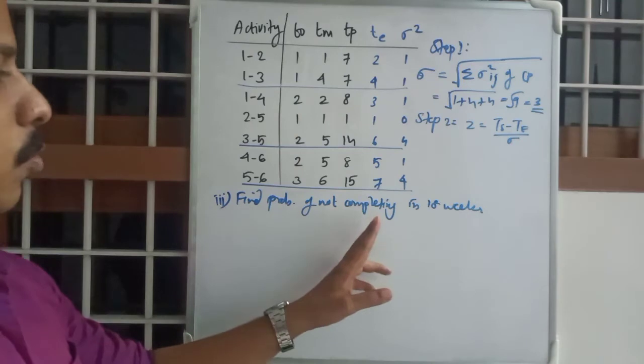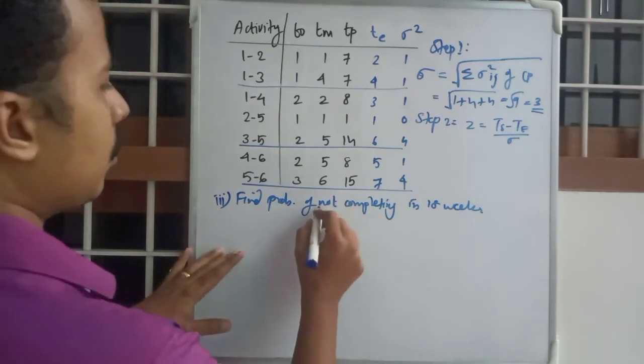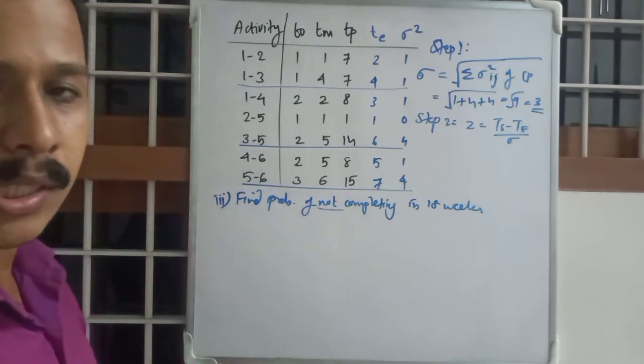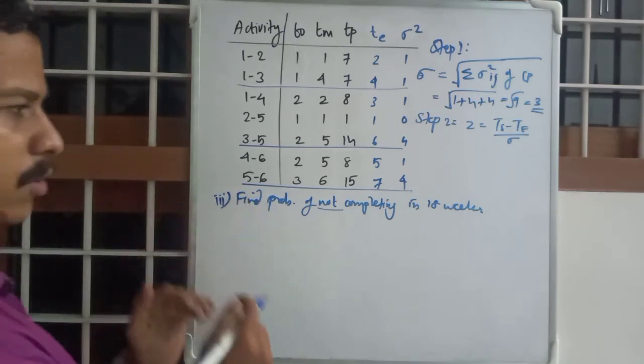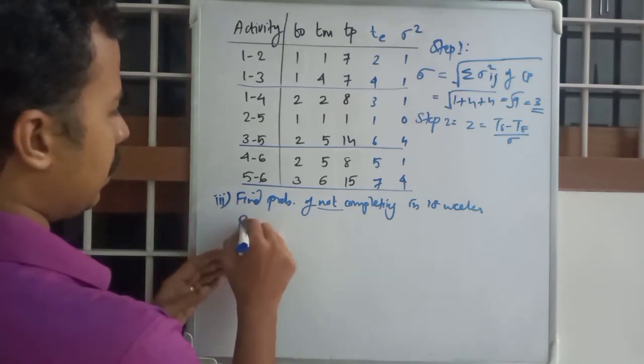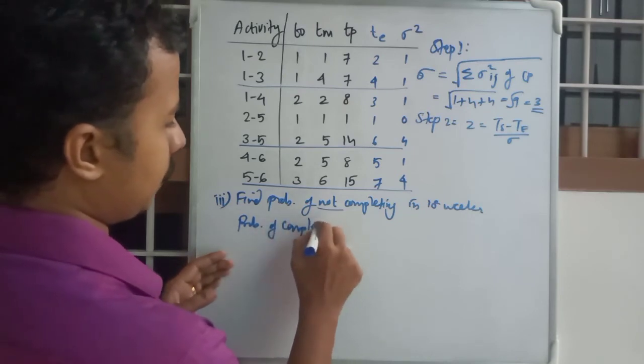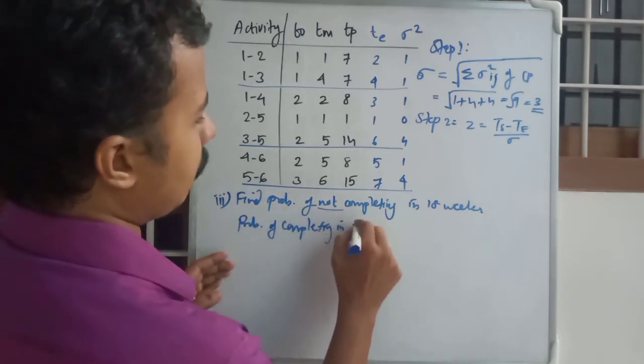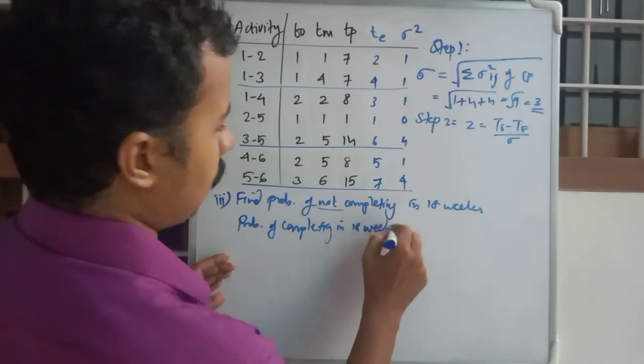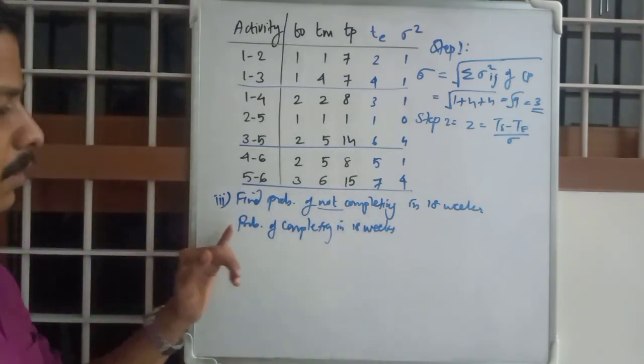Okay, so you want the probability of not completing the project in 18 weeks. So instead, we start with the probability of completing in 18 weeks. Right. Okay, so we start with probability.